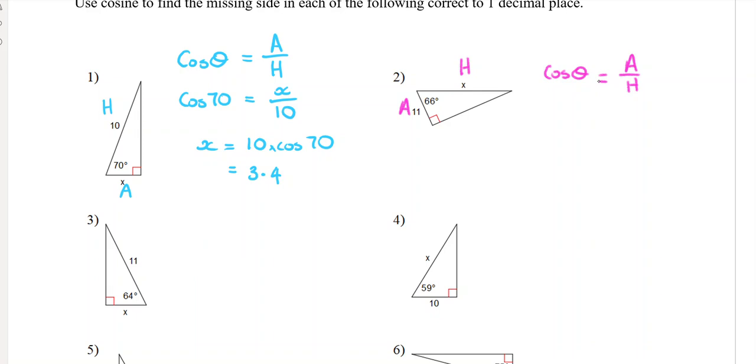Okay, second line, sub in. Cos of what? Good. Equals, what's the adjacent? A is my A for adjacent. It's 11. And my H for hypotenuse is the X.